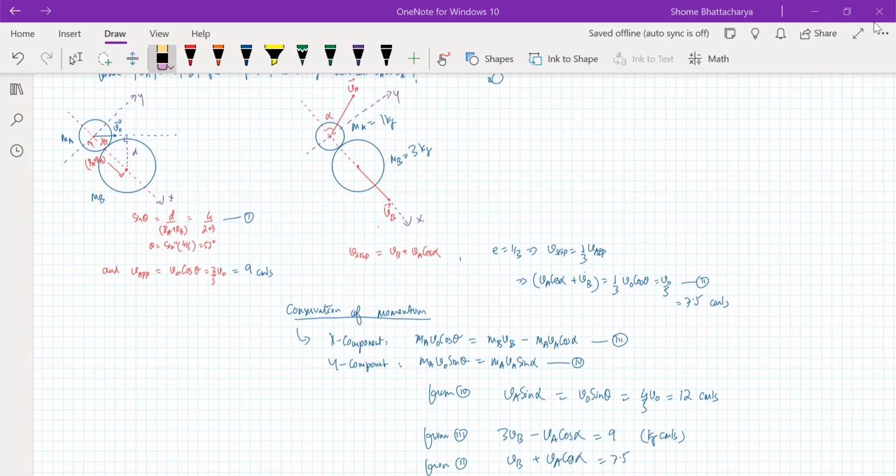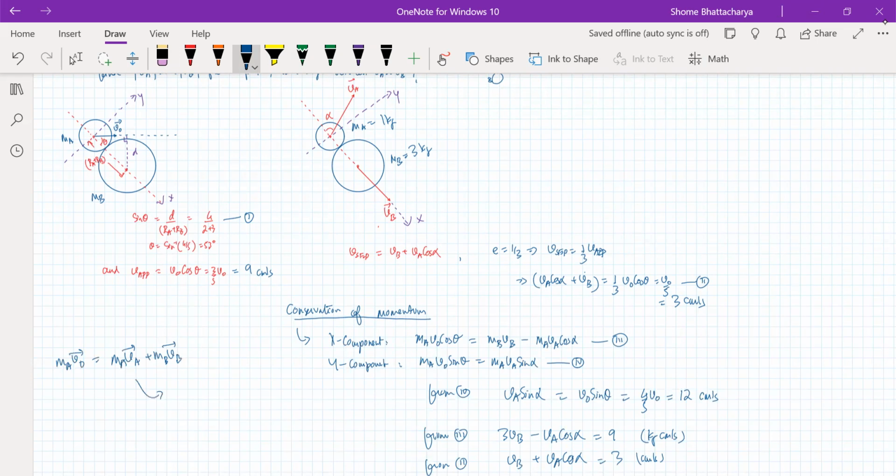Yes, I will explain the conservation of momentum part once more. So this will become 3 over here. Now conservation of momentum is very simple. Here, what we are doing is MA V naught is equal to MA VA plus MB VB.